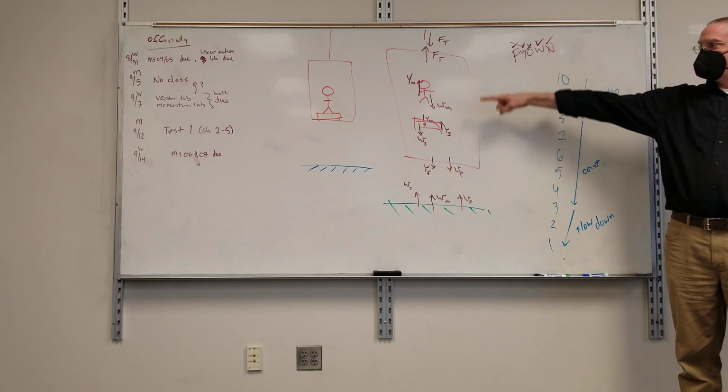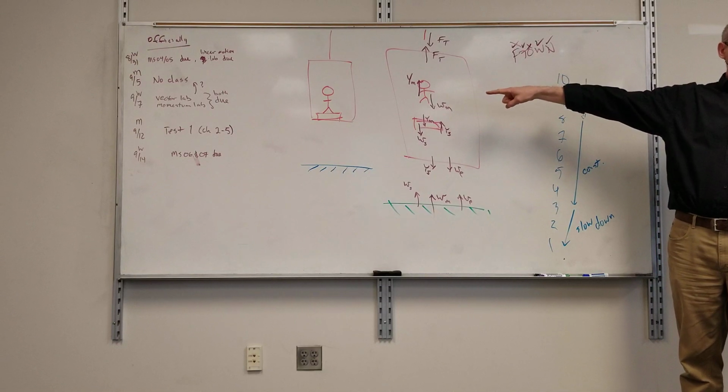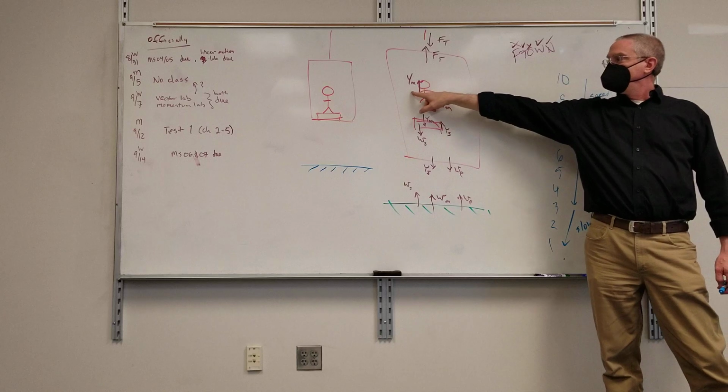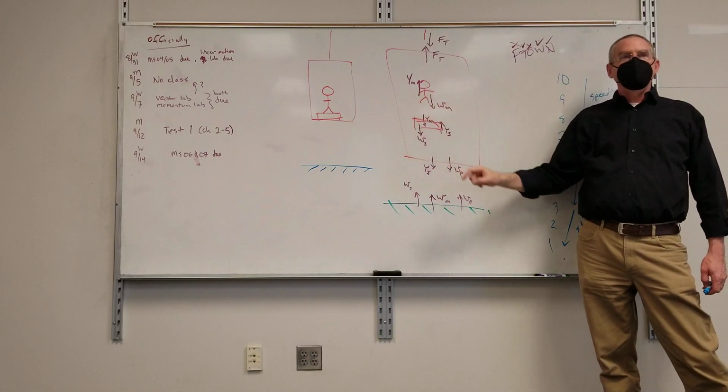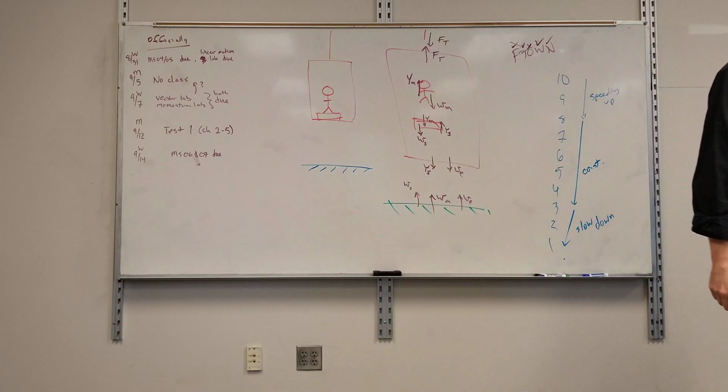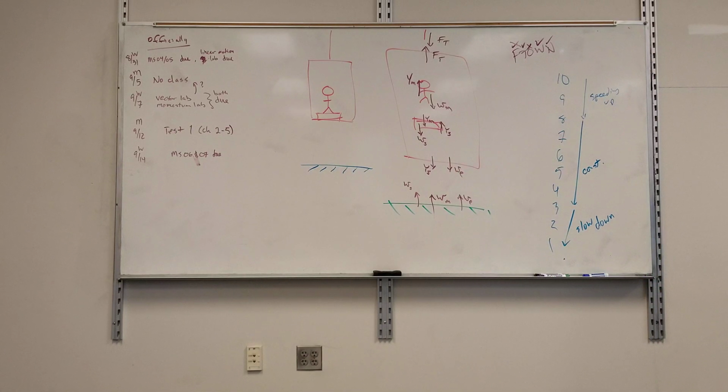Which of these arrows represents the normal force he exerts on the elevator? But he's on the scale. Yes, he is. So the last question deals with the normal force he exerts on the elevator.